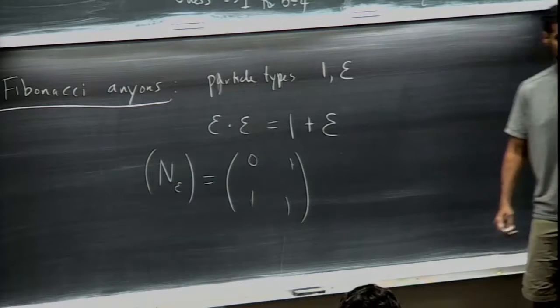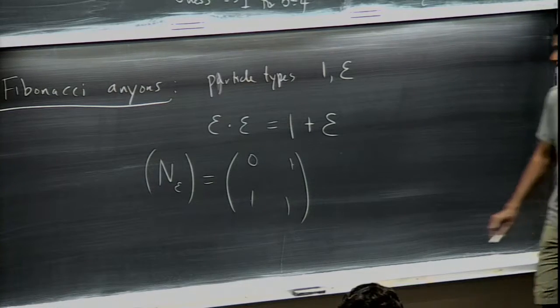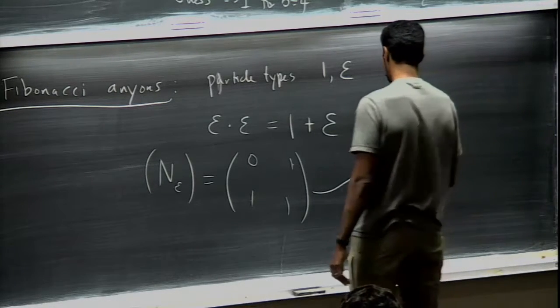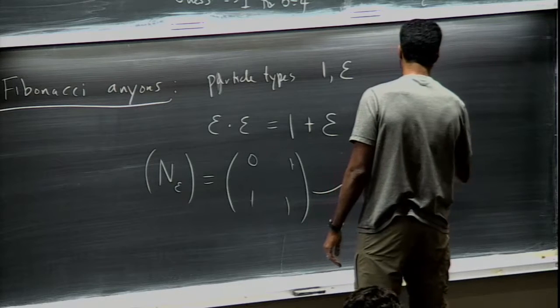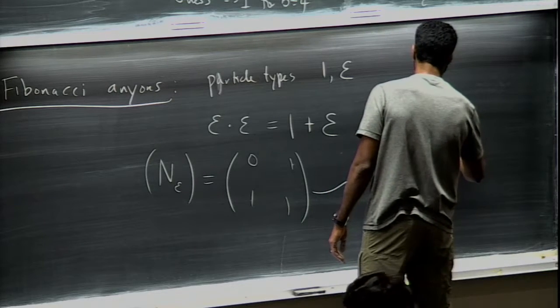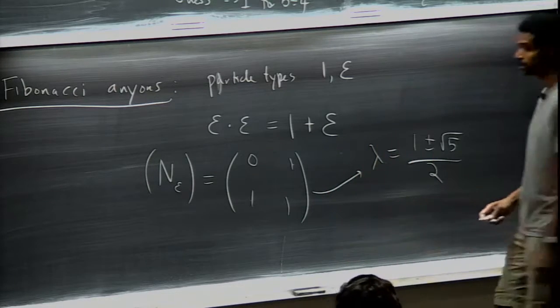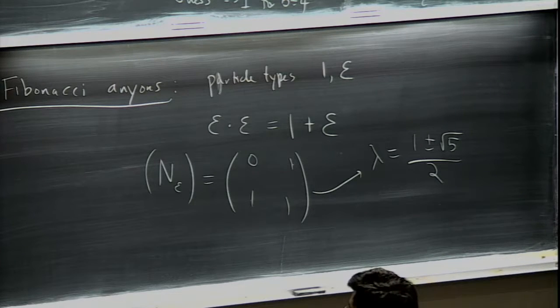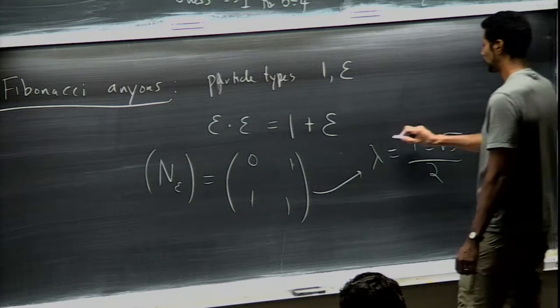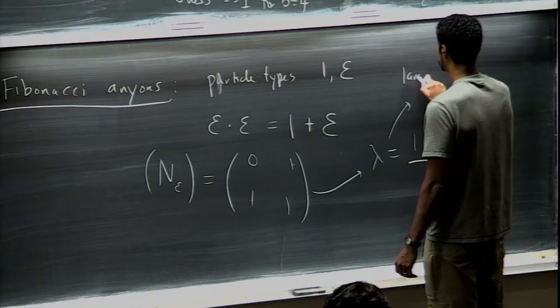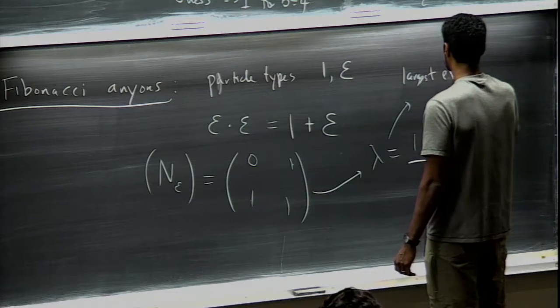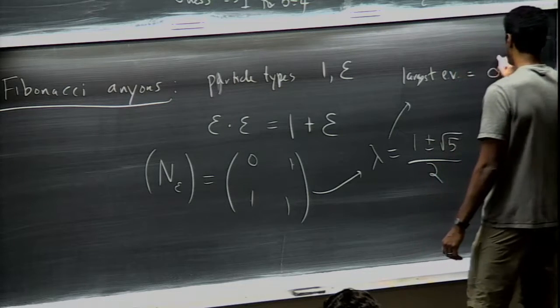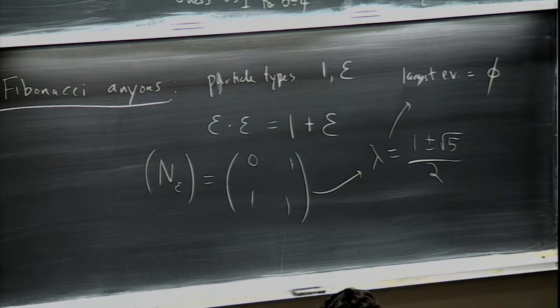The eigenvalues of this matrix are 1 plus or minus the square root of 5 over 2. One of the eigenvalues is negative, but the larger one is positive, and the largest eigenvalue is the golden ratio, square root of 5 plus 1 over 2.